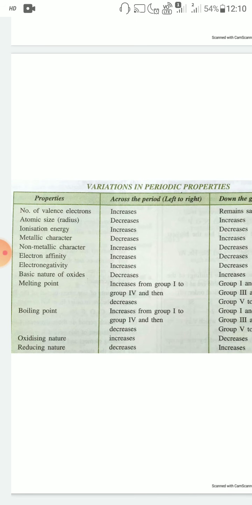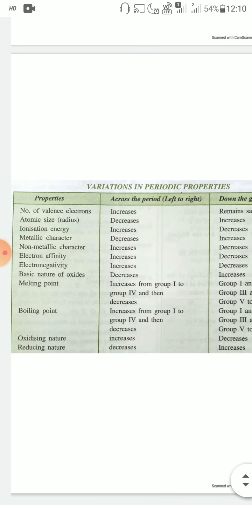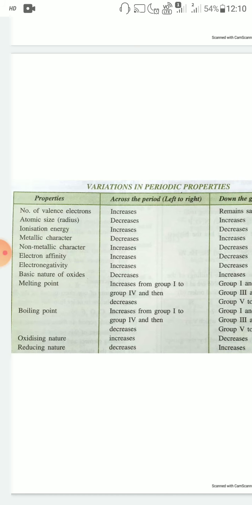Atomic size decreases left to right but increases down the group. Ionization energy increases across the period and decreases down the group. Metallic character decreases across the period but increases down the group. Non-metallic character is just opposite.